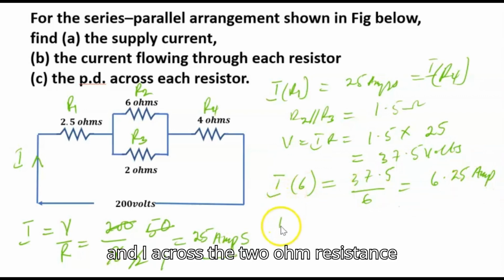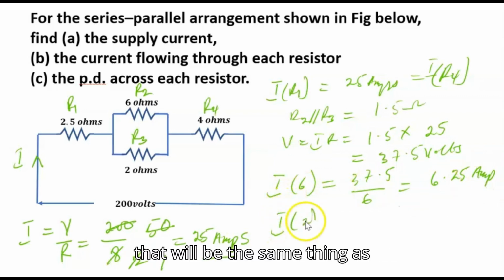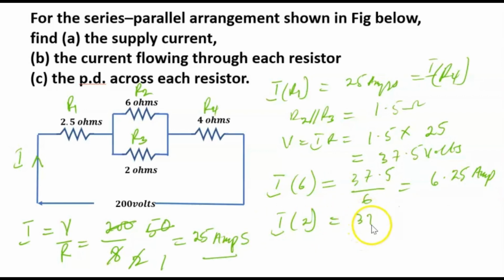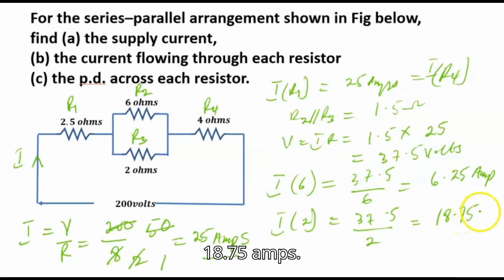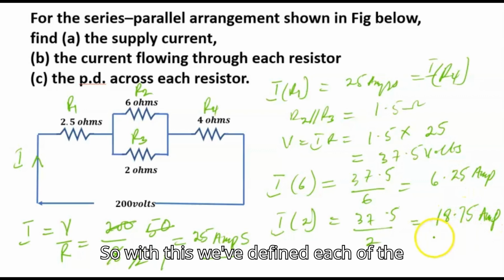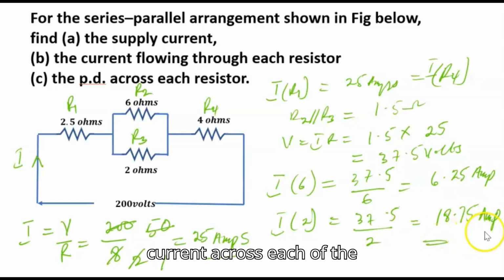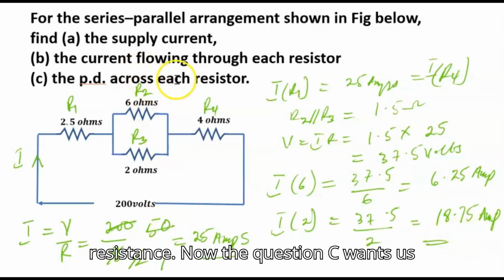And I across the 2 ohm resistance will be 37.5 over 2, which is the same thing as 18.75 amps. So with this, we've defined the current across each of the resistances.